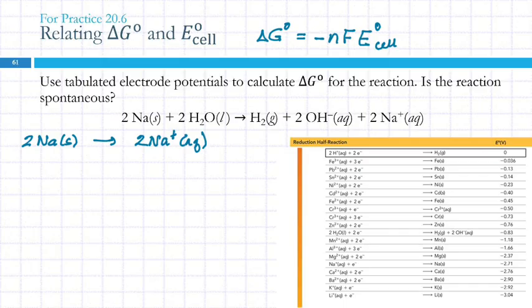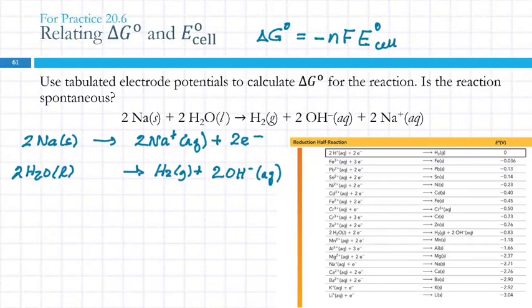And then there's going to be some electrons involved, right? We can figure out the number because the charge on each side has to be equal. 0 on the left, positive 2 on the right, so 2 electrons. And then the rest of it, this is our oxidation.